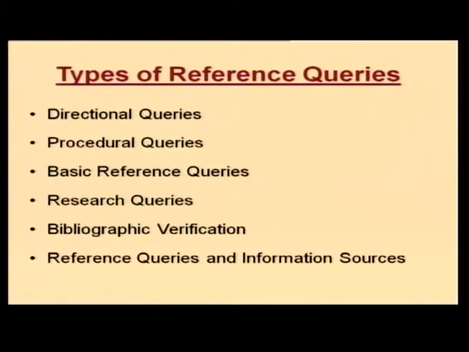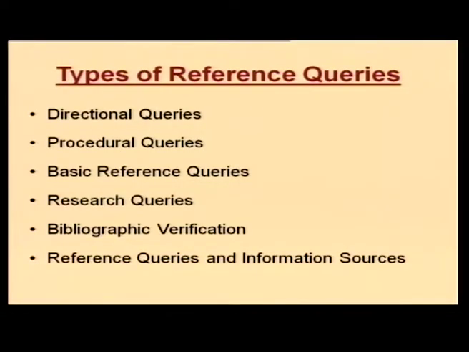There are several types of reference queries that come. Directional queries, like people asking where will I find this book, or where will I find a place where I can find all the databases, or where I can find such CDs. Procedural queries, where people ask you, do you issue more than 10 books for any individual?